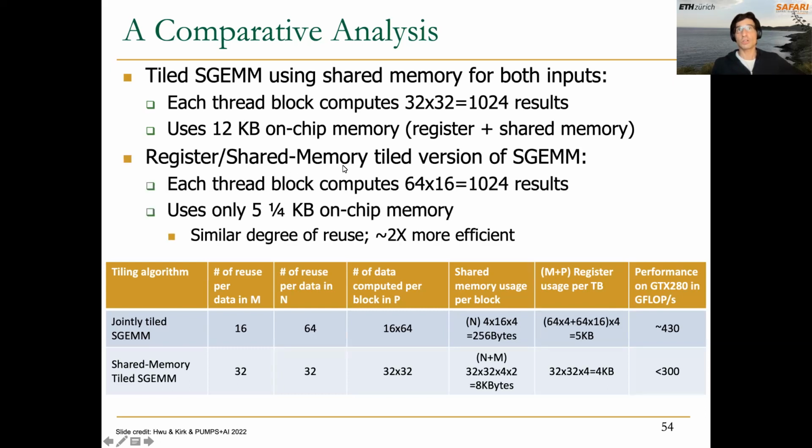Compared to the register shared memory tile version of SGEMM, each thread block computes 64, which is the number of threads in the thread block, times 16, which is the coarsening of each thread, equal to 1024. So each thread block is calculating exactly the same as in the initial tiled SGEMM. But the advantage of this register shared memory tile version is that it only uses 5 and 1/4 kilobytes of on-chip memory.